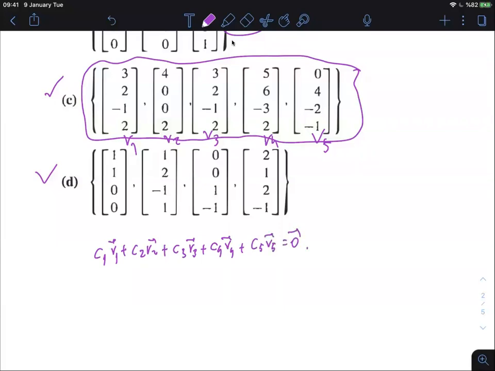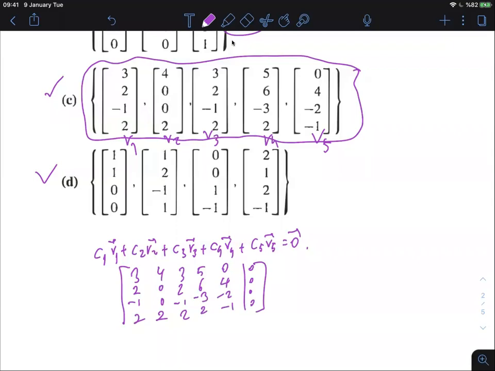You write this, okay? So what happens when you write it? You get this one, right? Let me put 0, 0, 0 here.